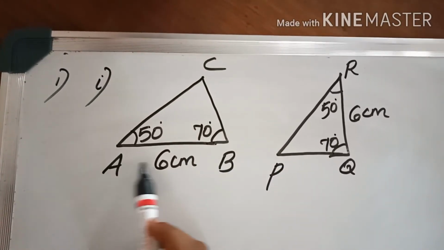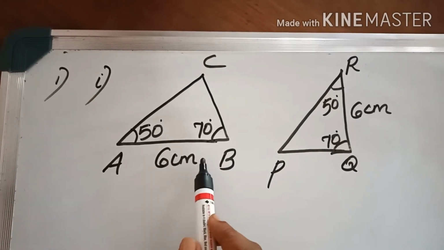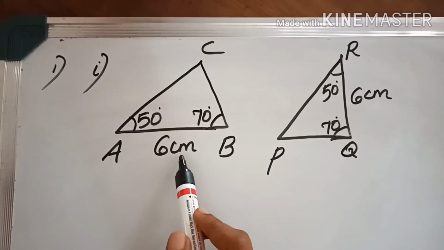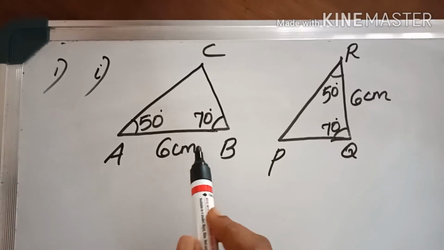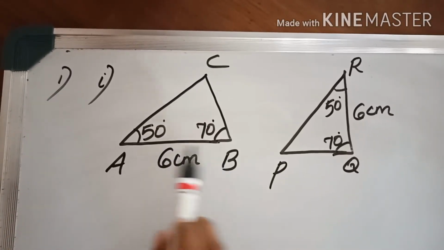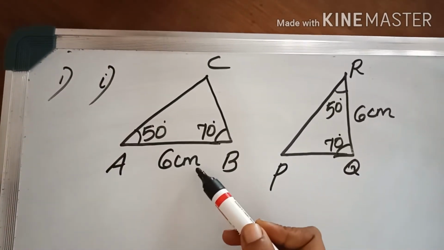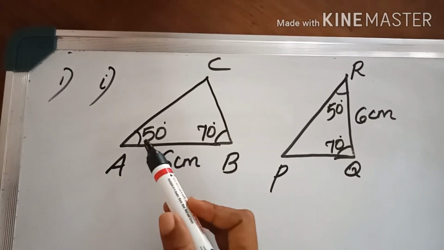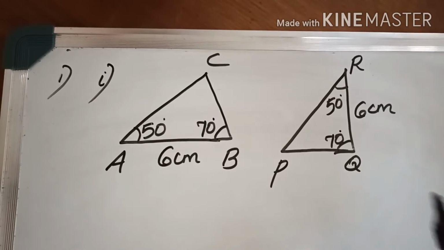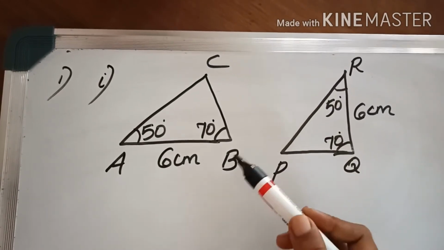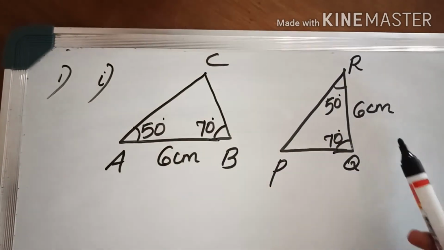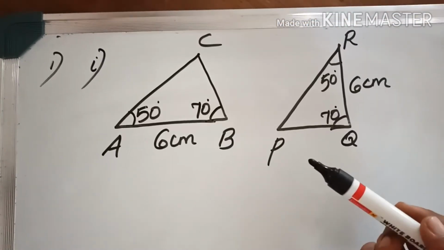For that, check the first side. In triangle ABC the side is 6 centimeter, and the two angles at the end points of that 6 centimeter side are 50 degree and 70 degree. We have to check whether this is the same for the second triangle also. Then only can we apply that concept.